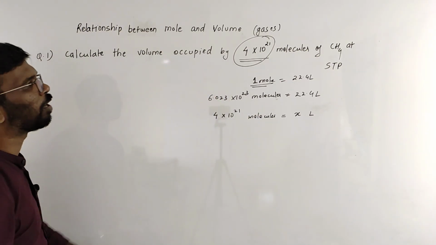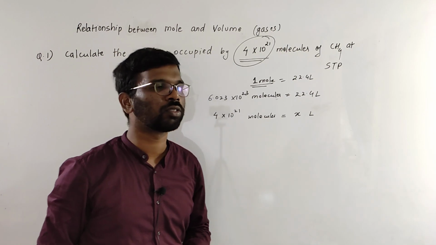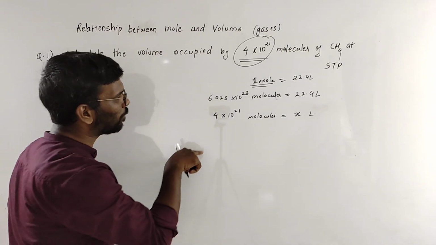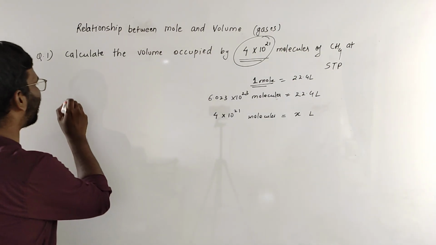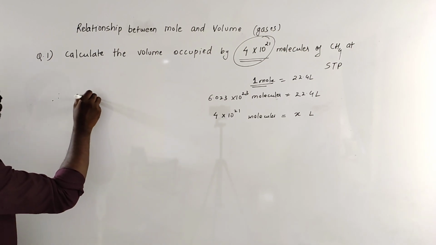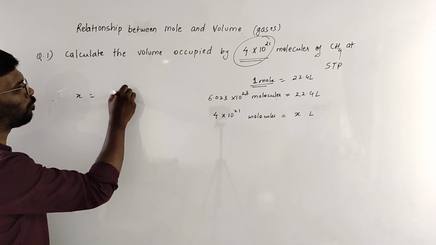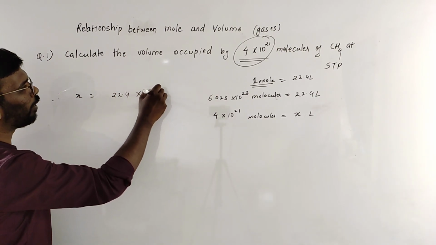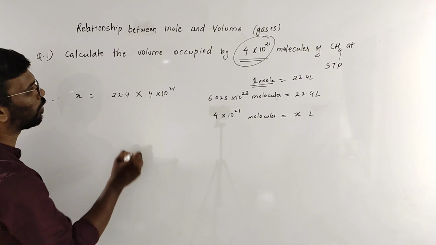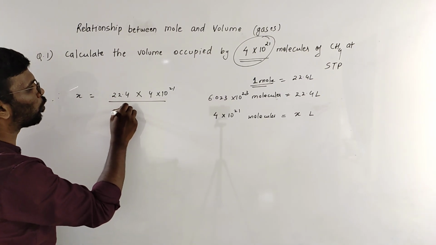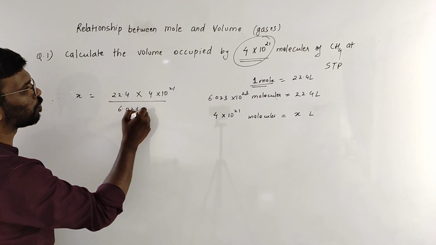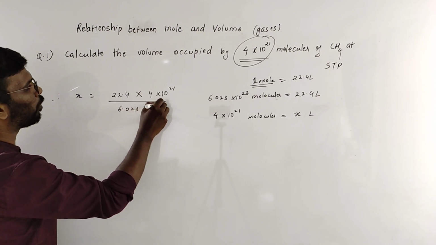Calculate the volume occupied by 4 into 10 raised to 21 molecules of methane. So here, therefore, X would be equal to 22.4 into 4 into 10 raised to 21 divided by 6.023 into 10 raised to power 23.